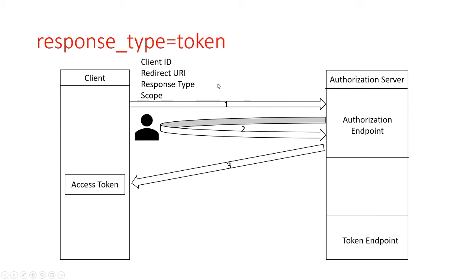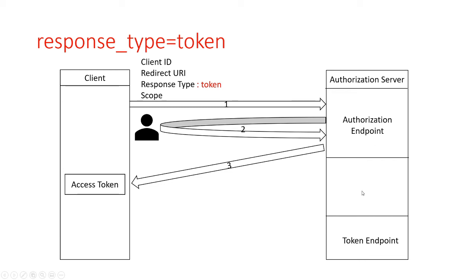The response type is going to be token, and user will be authenticated. And I will get the access token from the authorization endpoint itself. Client will not go to token endpoint to exchange the code for the token because there is no code. Client wanted the access token and client got the access token from the authorization endpoint itself. It doesn't have to go to token endpoint.